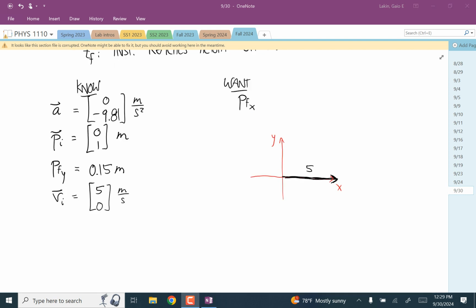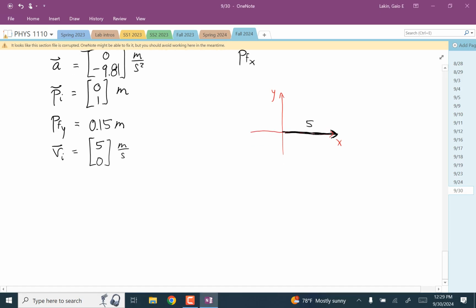Okay, did any equation work for this? No, so we have to find time final instead. So take a minute and see if you can find an equation that'll let us solve for t final. The one we can use is the one that is the most common for solving for t final before you go back to solving for what you want.